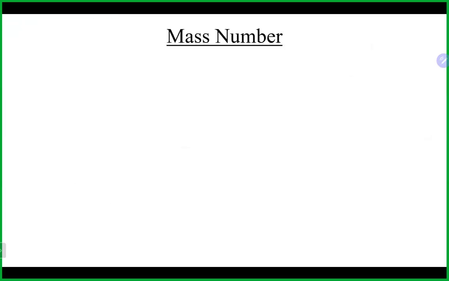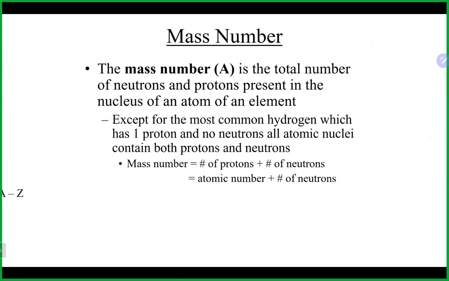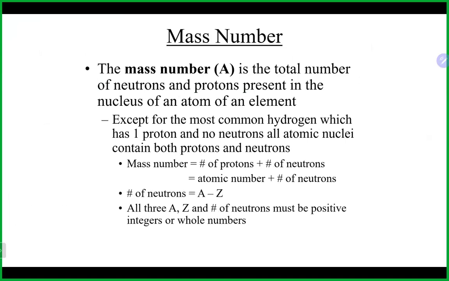Another really important number that we come across is the mass number. The mass number is sometimes abbreviated with an A. And the mass number, different than the atomic number, is the number of protons and the number of neutrons in an atom. So the mass number tells you both protons and neutrons.